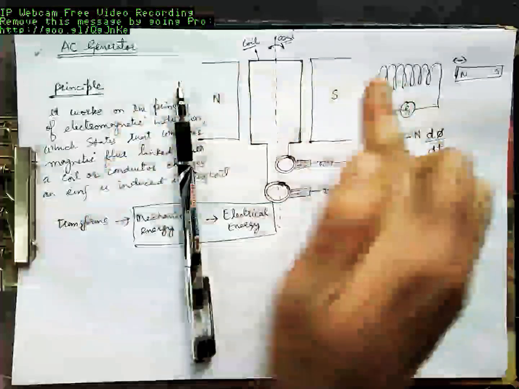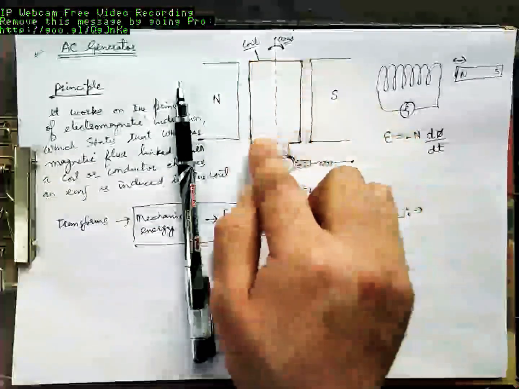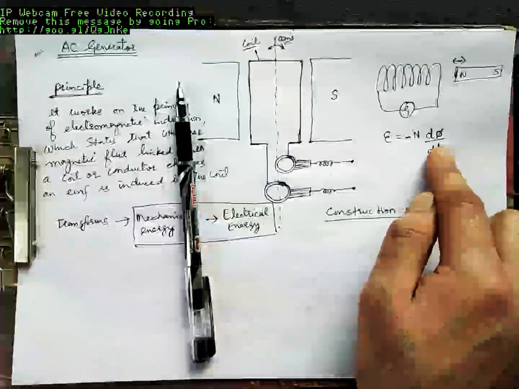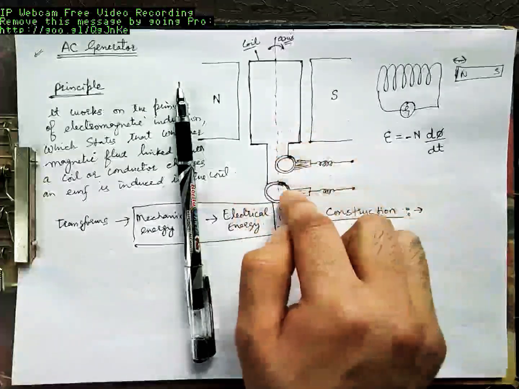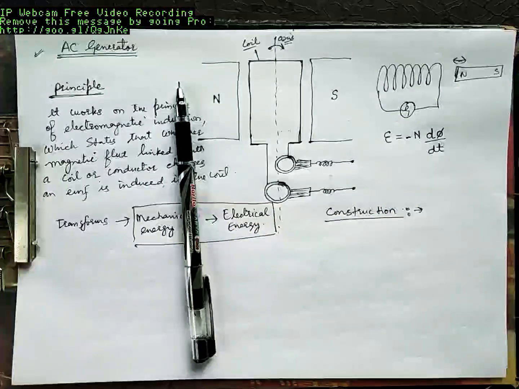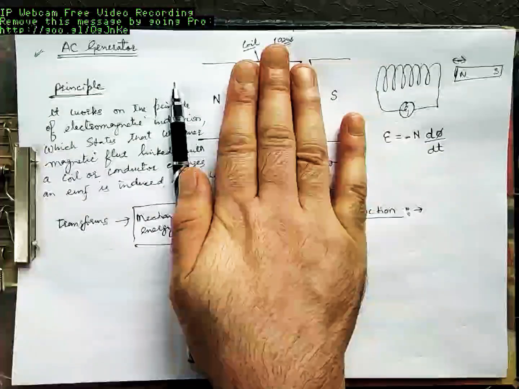Why inside a magnetic field? So that flux passing through the coil keeps on changing. Because as long as the flux through the coil keeps on changing, there is an induced EMF, and because of that induced EMF there can be a current over here, and because of the current only you are supplying electrical energy. Fine. So in its simplest form, it consists of a coil which is rotating inside a magnetic field.